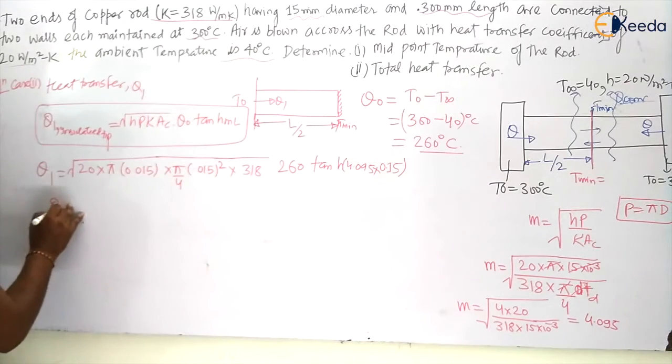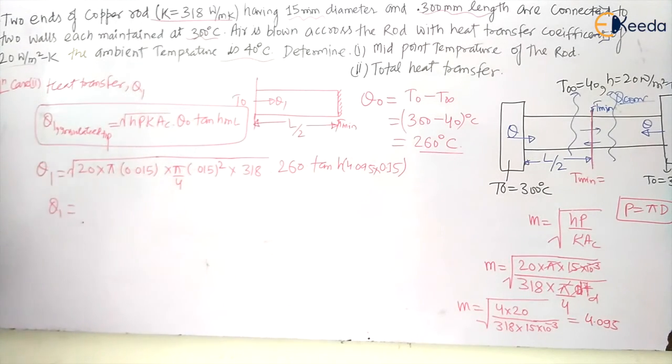So Q1 will be given by the square root of 20 into pi into 0.015 into pi by 4 into 0.015 squared into 318, multiplied by 260, into tanh of this.